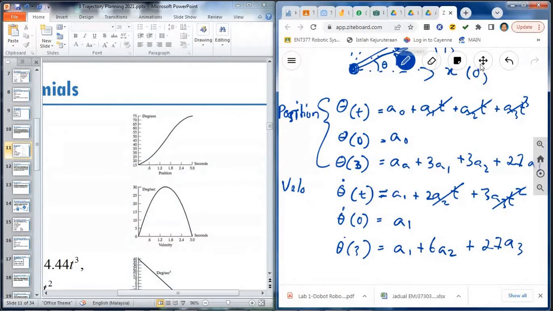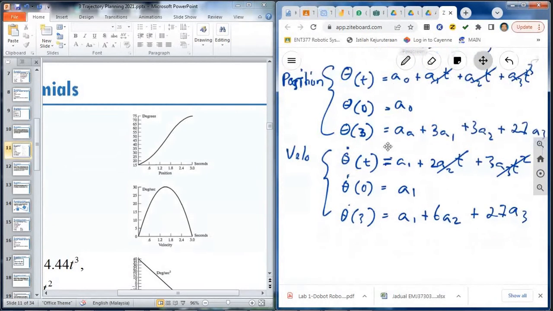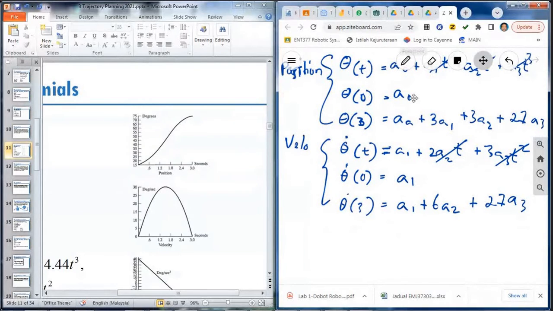Okay, and the other one, the equation, this is for velocity. This is a longer way. If you apply it, you're going to find acceleration.